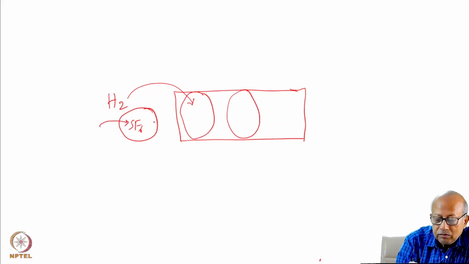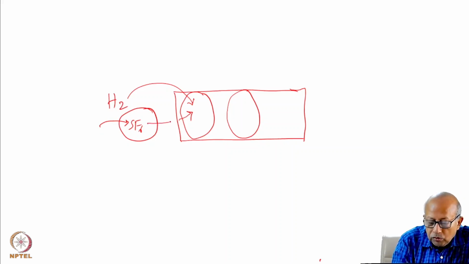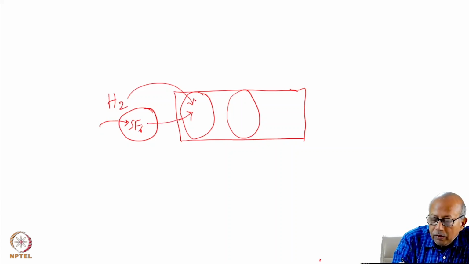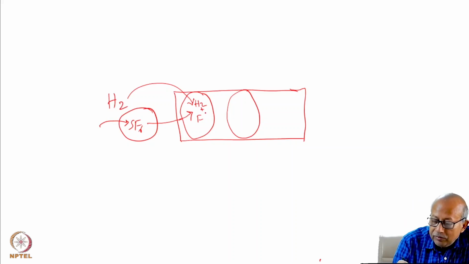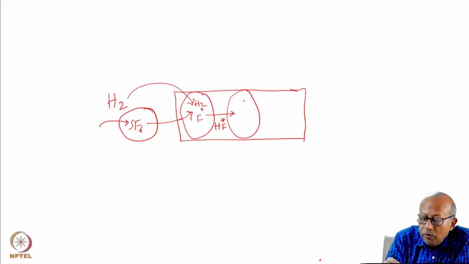It creates atomic fluorine, which is then injected into the reaction zone, where it reacts with molecular hydrogen and generates vibrationally excited hydrogen fluoride molecules, which readily move into the lasing zone.